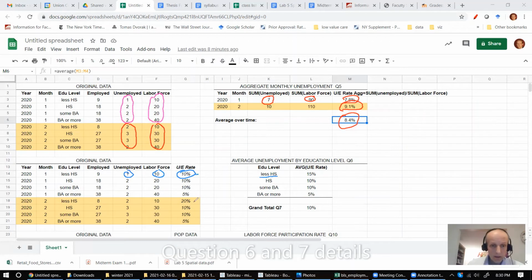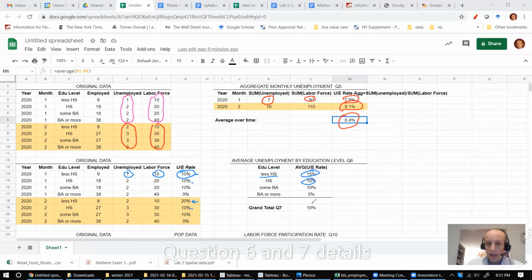And then average unemployment rate in February for less than high school education level was 20. So their average unemployment rate is 15%. For high school educated, we have 10 and we have 10. So average is 10 and so on. And we have here in this table average unemployment rate for each education level, the average taken over time.